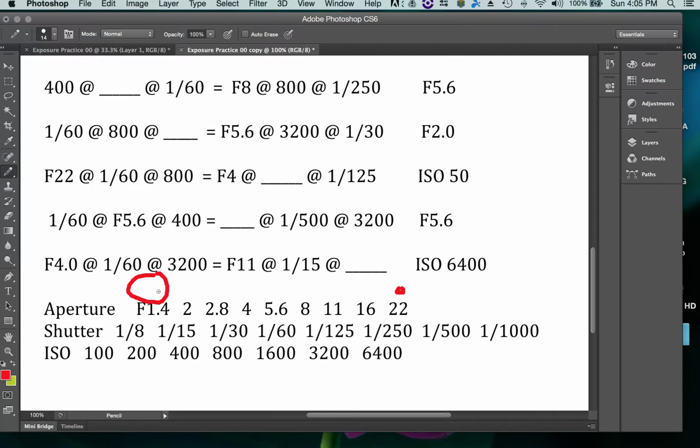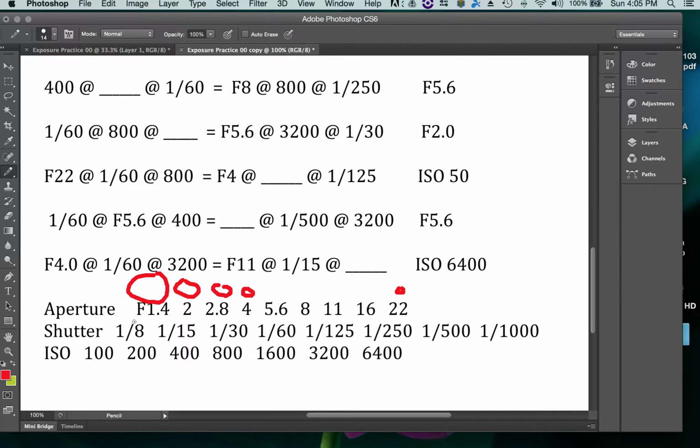However, if you're in a dark room, you want as much light as possible to hit that sensor or film and open it as much as you can. That would be your lowest f-stop, a 1.4. So once you get that concept, right, of the size of the iris determines how much light the camera is getting, you're well on your way.